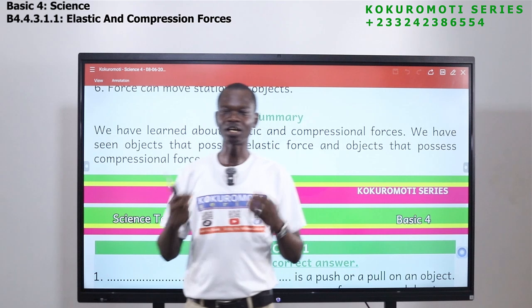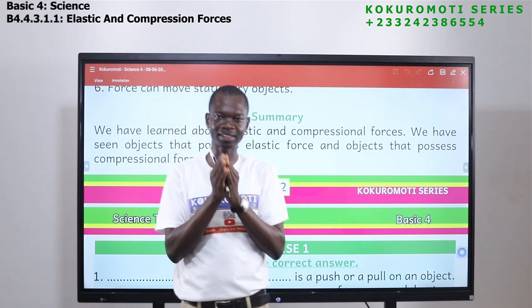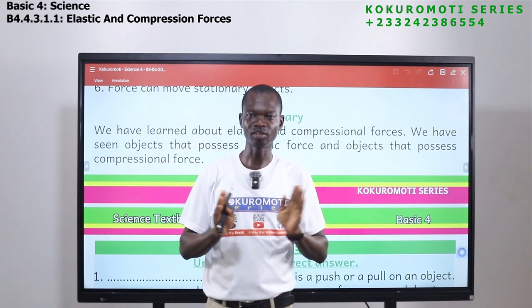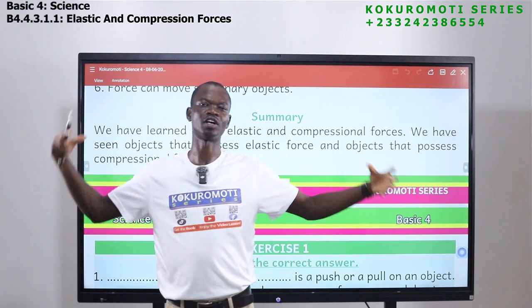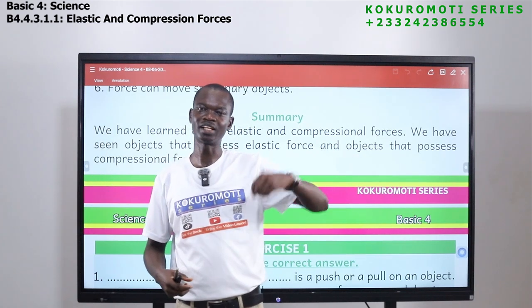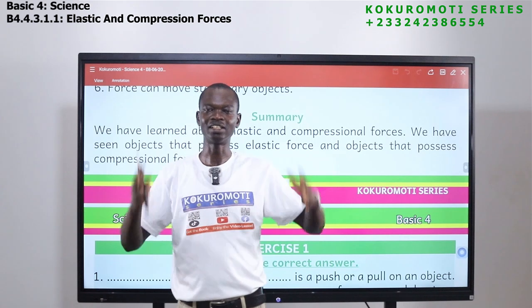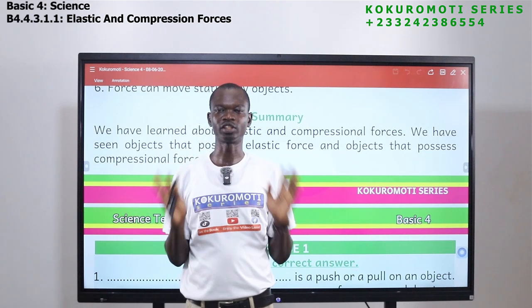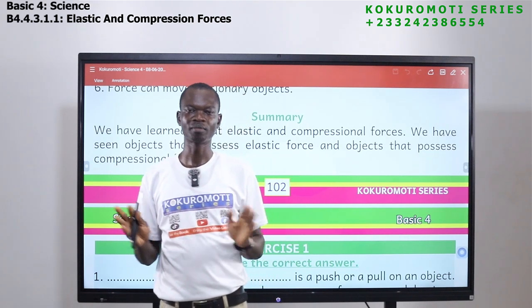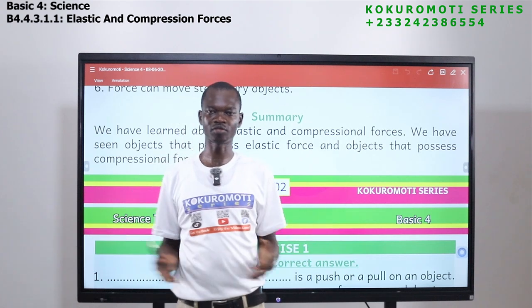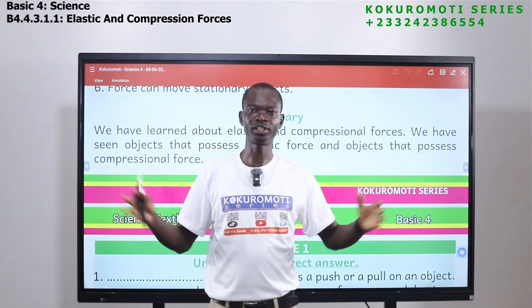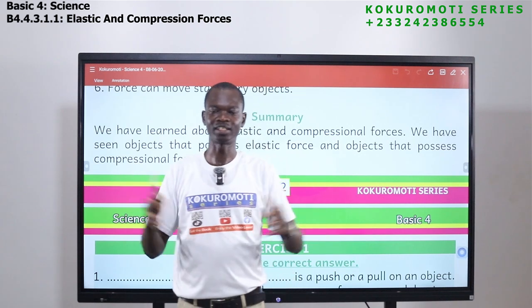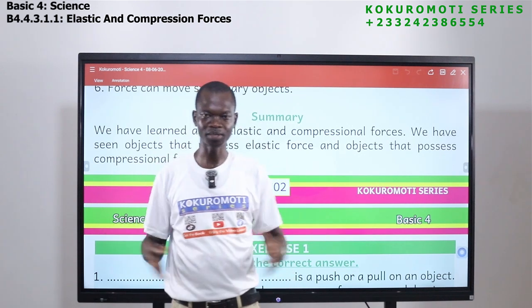That force helps the object to restore to its original state, form, or shape. After you have stretched or compressed it, it is the duty of the elastic force to make sure that it will go back to its original state. But compressional force is an external force that reduces the size and shape of an object.